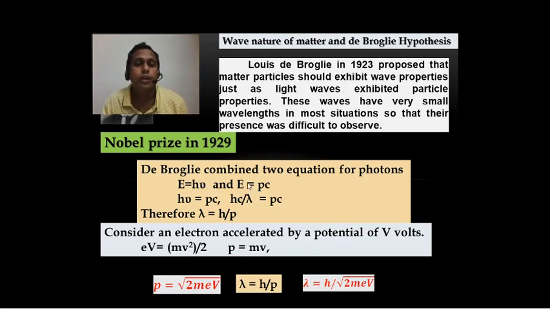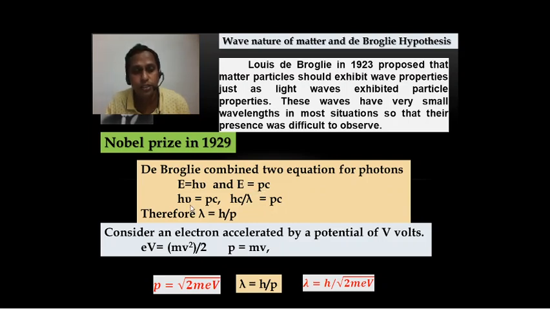See, de Broglie combined the two equations for photons: E is equal to h nu and E is equal to p into c. We know that E is equal to mc square, that is mc into c. m into c is p, so E is equal to p into c.